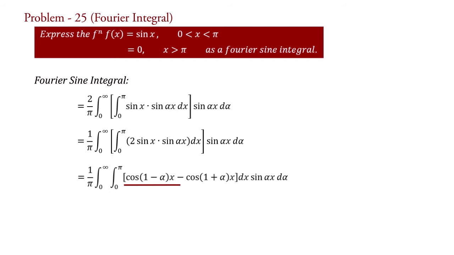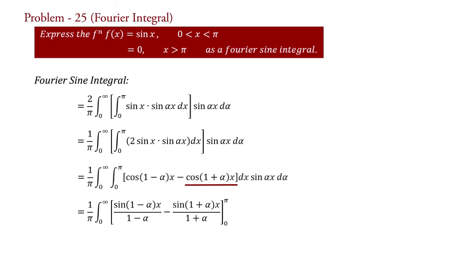Now, we will integrate this part. Therefore, f of x equal to 1 upon pi integral 0 to infinity into integration of cos of 1 minus alpha x, that is sine of 1 minus alpha x upon 1 minus alpha, minus integration of cos of 1 plus alpha x, that is sine of 1 plus alpha x upon 1 plus alpha, with limit 0 to pi, into sine alpha x into d alpha.